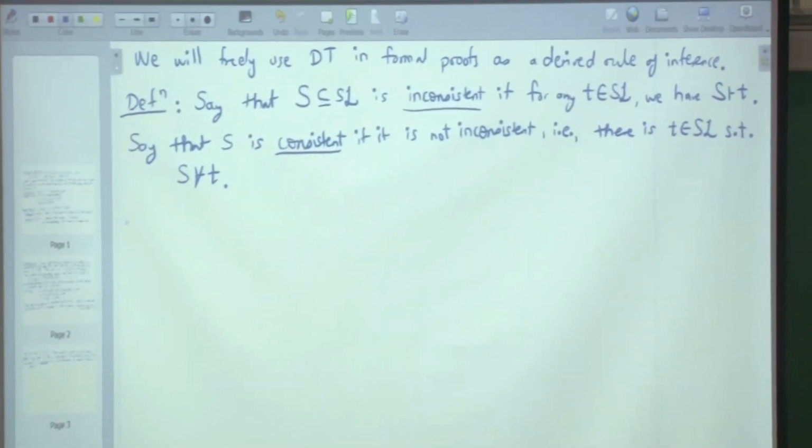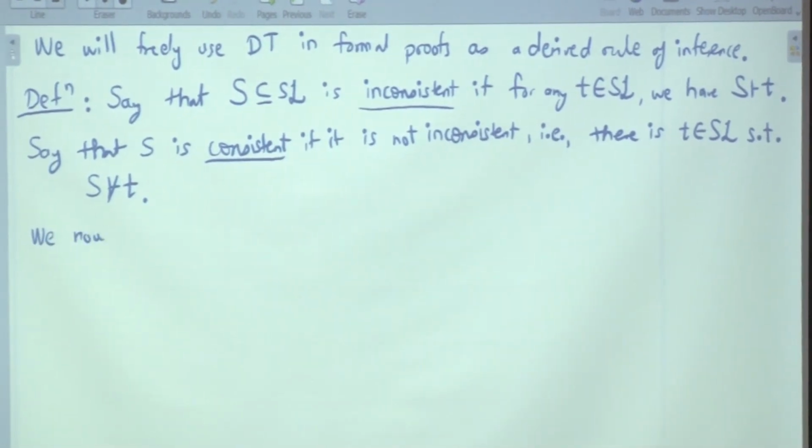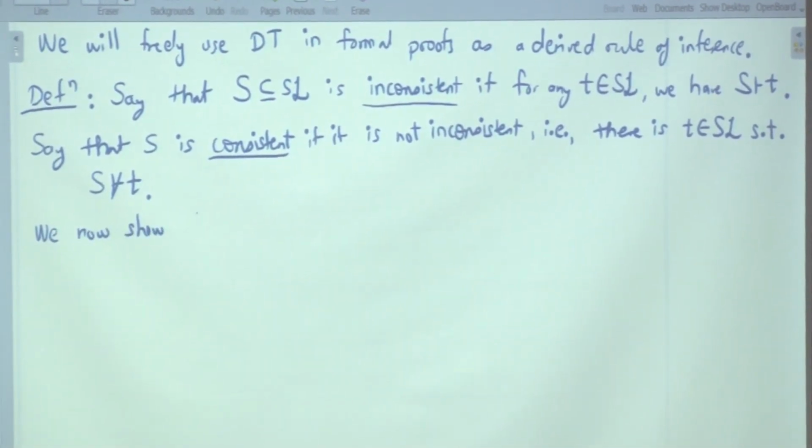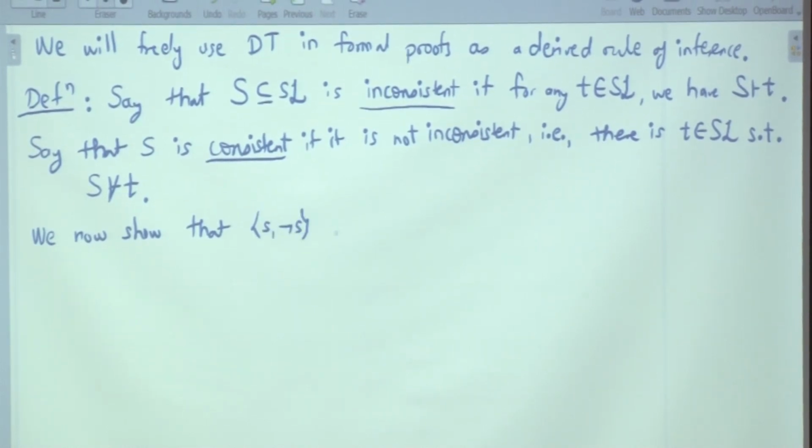So we will prove, we now show that {S, negation S} is inconsistent. Okay, how can we do that? Let us start.